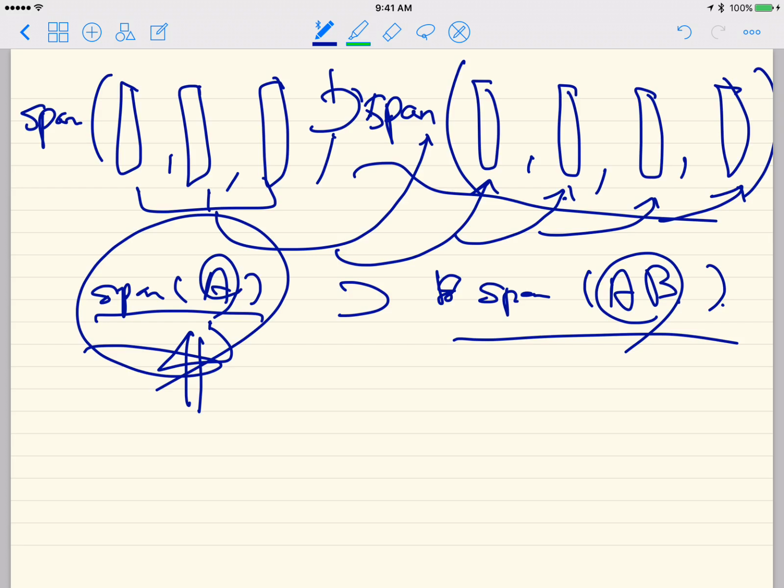In that case, using those vectors and considering all the possible linear combinations, it will be just a part of the original span space.